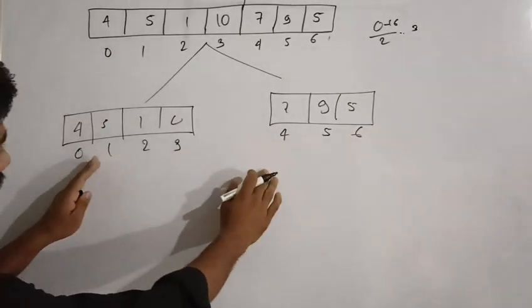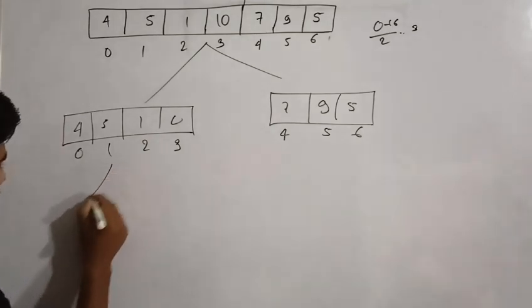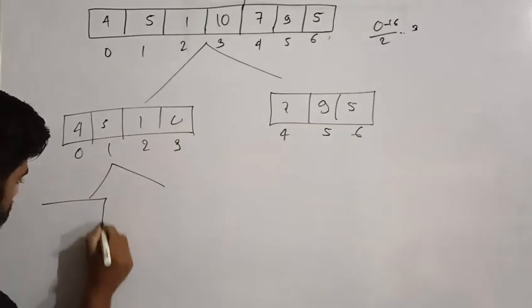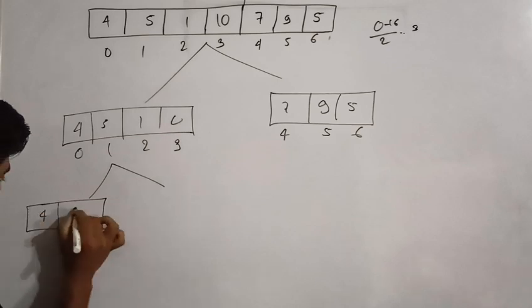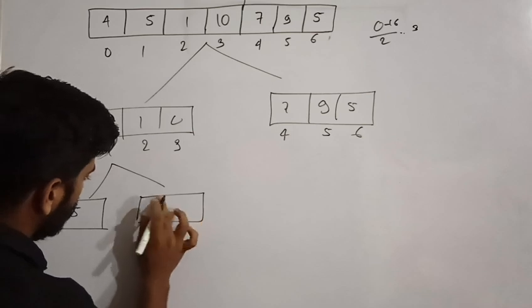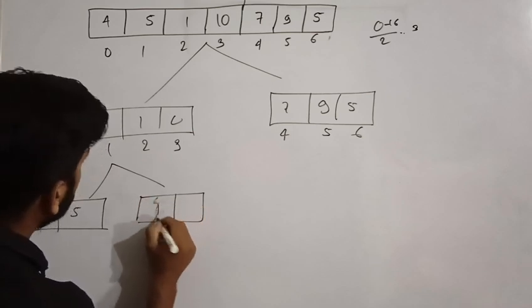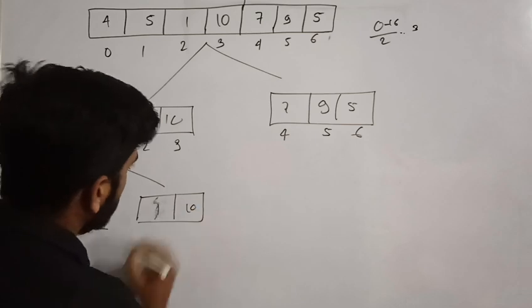It's divided into two parts. Again it will be divided into two parts. Again it will be divided into two parts. It becomes 4 and 5, and it becomes 1 and 10.